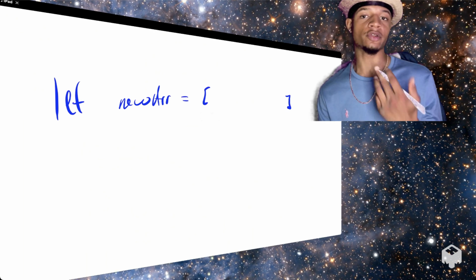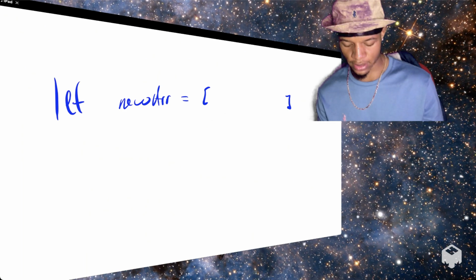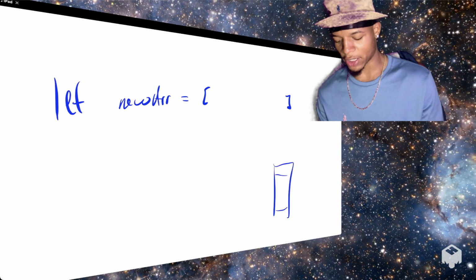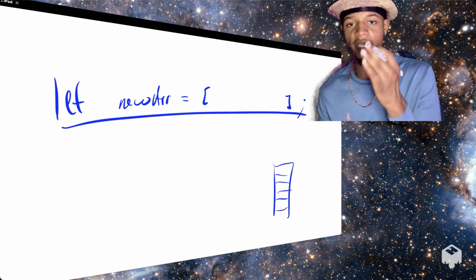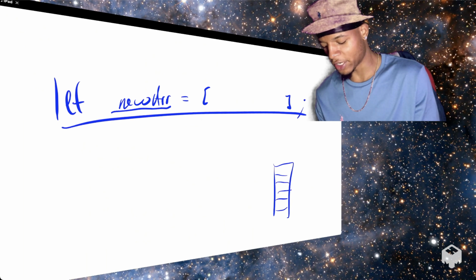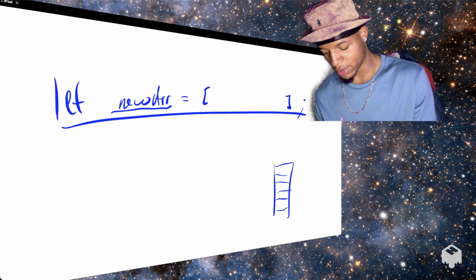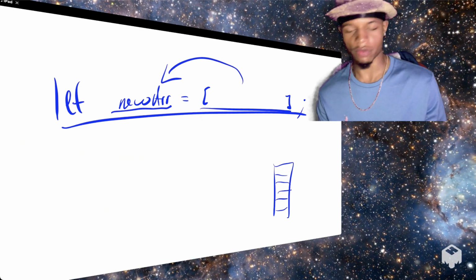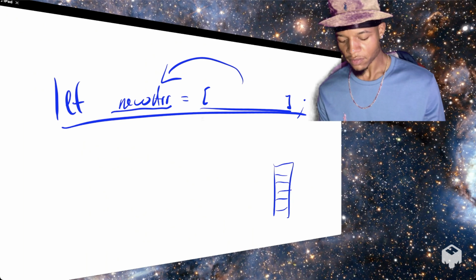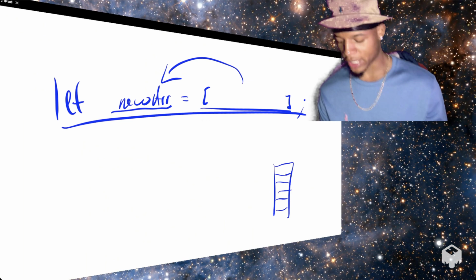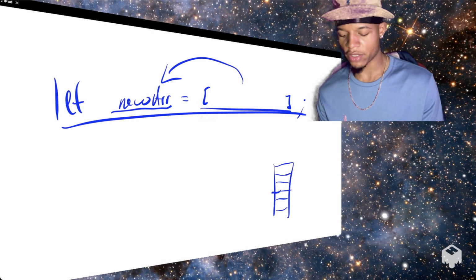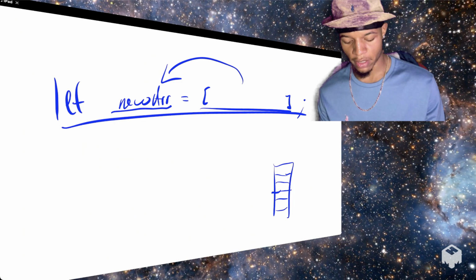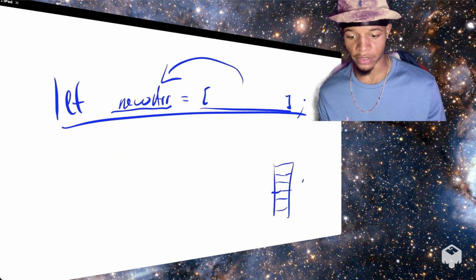If you want to create an empty array with no values in it at initializing, and this is called an initialization because you're initializing the variable with data, though you don't have to initialize it with data, you could just say let new array. So that creates this empty array. Cool, you got you an empty array.